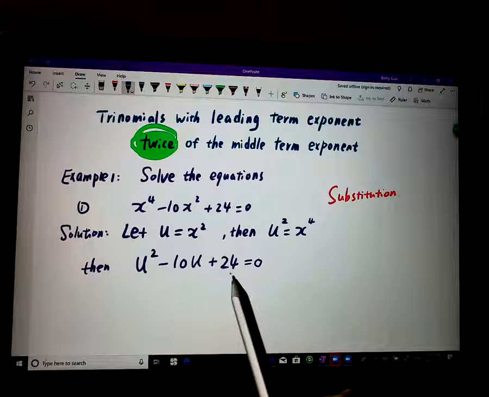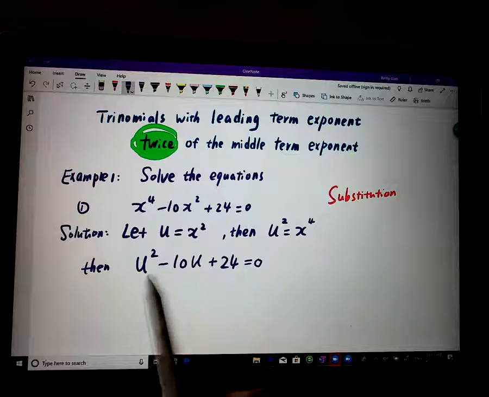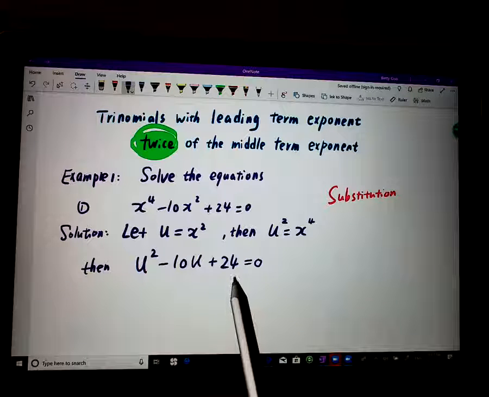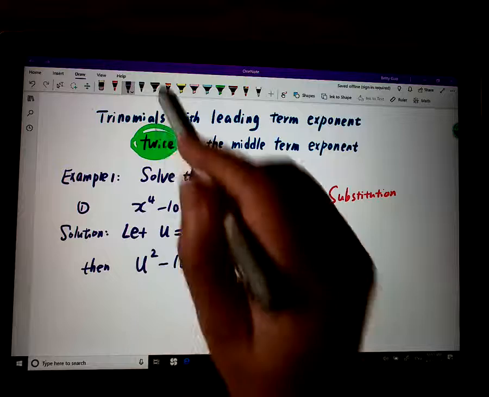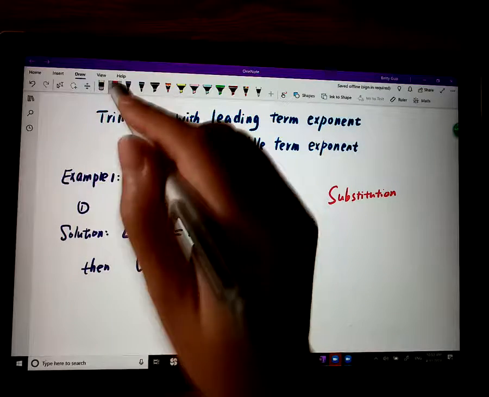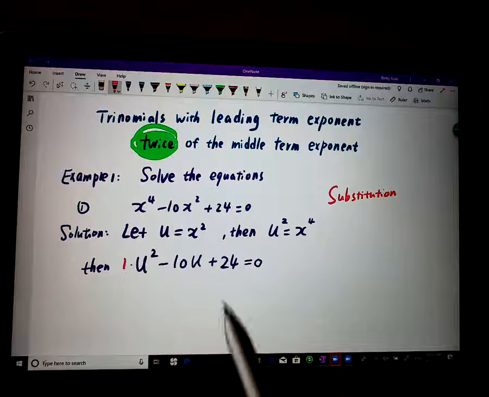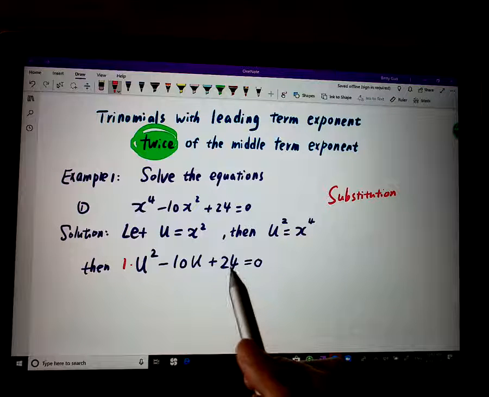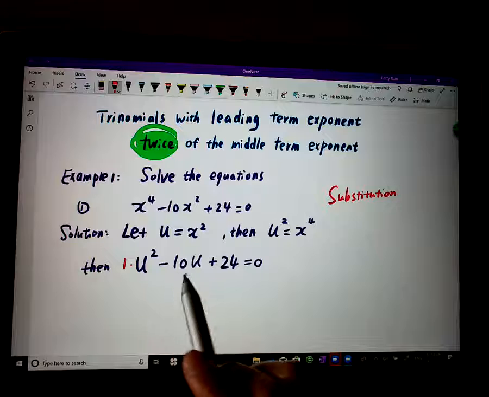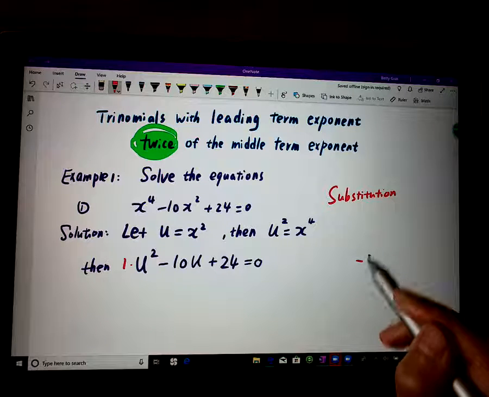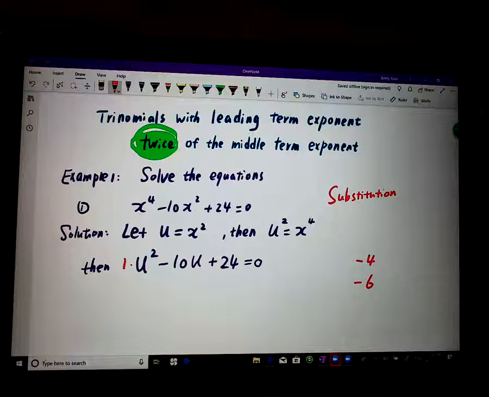In this case, I'm going to solve this equation for u by factoring, because the leading coefficient of this equation is 1. The constant is 24. The middle term coefficient is -10. I can see I need the two numbers, -4 and -6. This is my shortcut method.